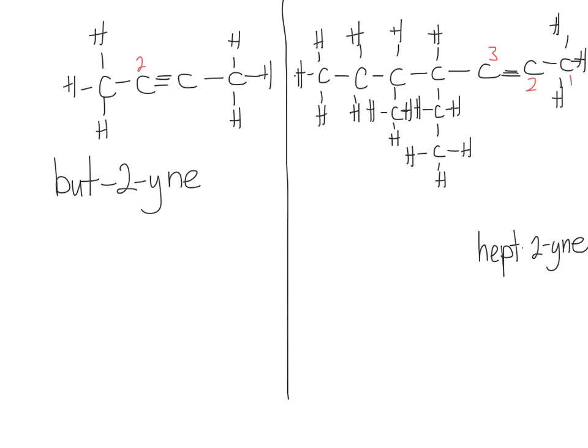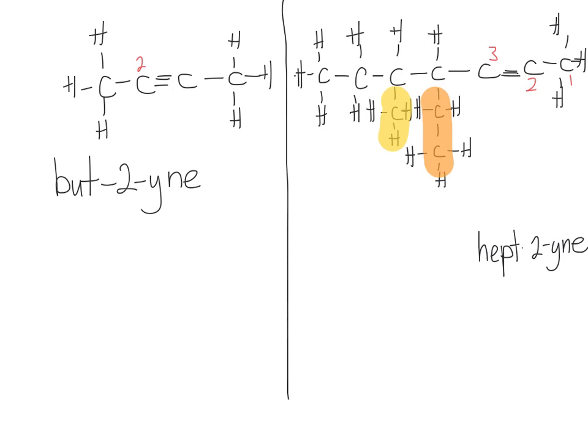So that means that this group here and this group here are side groups. One contains 2 carbons, the other contains 1. So we've got an ethyl and a methyl group.